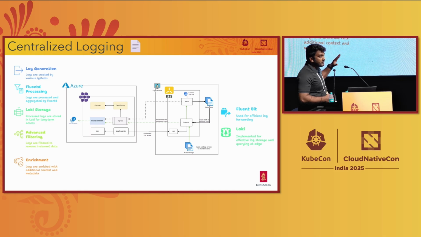Coming to the cloud end, we have FluentD, which is a highly available, highly scalable log parsing platform. In FluentD, we are collecting all the logs from the edge system, parsing them, relabeling them, optimizing the logs, and sending them out to Loki.